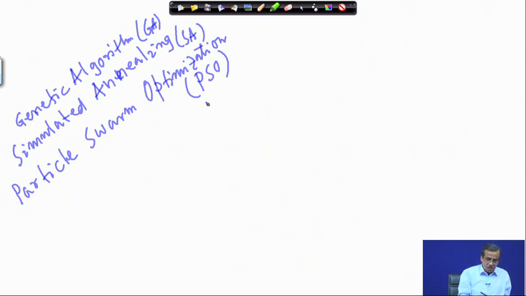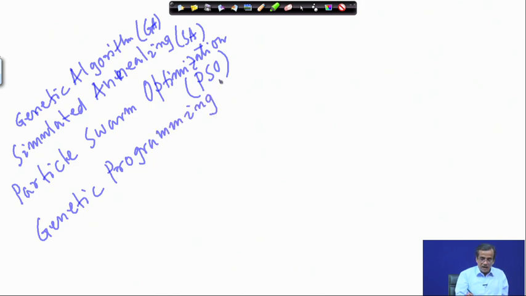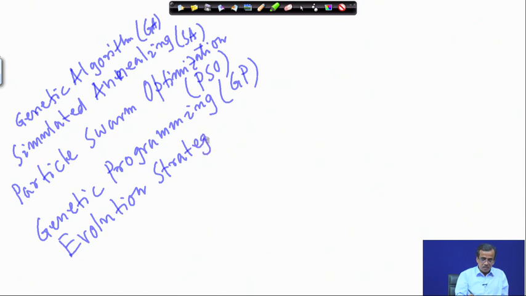We have got the tools like genetic programming, in short this is known as GP. We have got evolution strategies, in short this is known as ES.